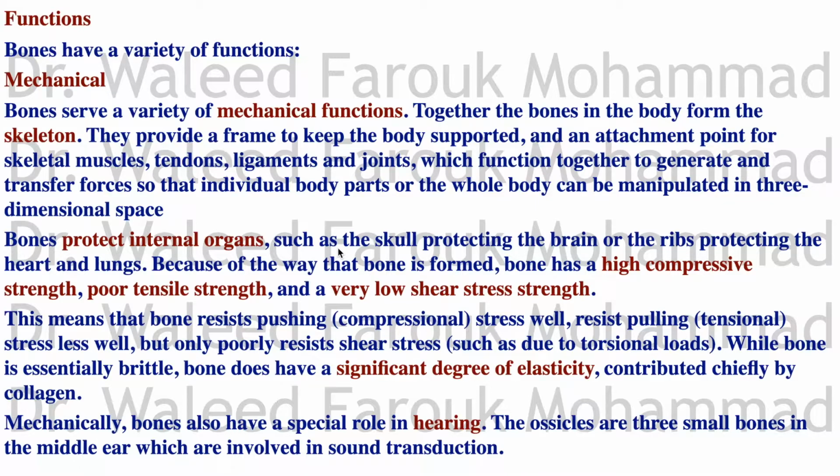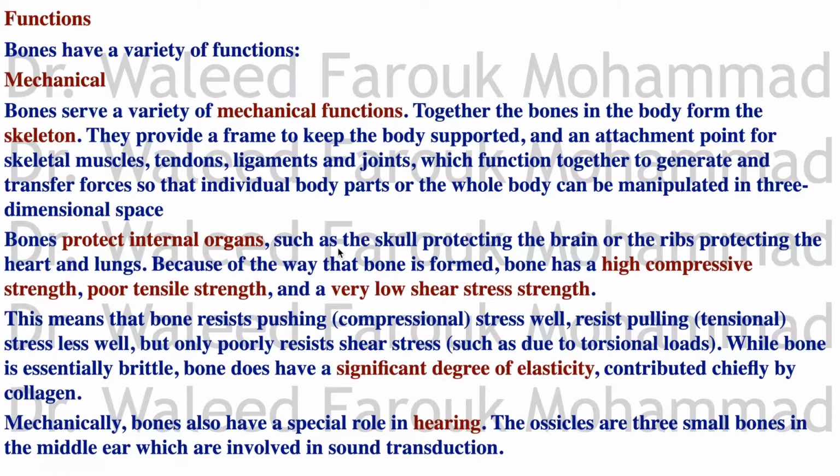Because of the hard bone tissue, bone has a high compressive strength, poor tensile strength, and very low shear stress strength. Expect that because of the very low shear stress strength, this is the primary cause of fractures.